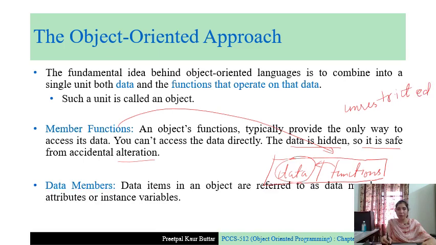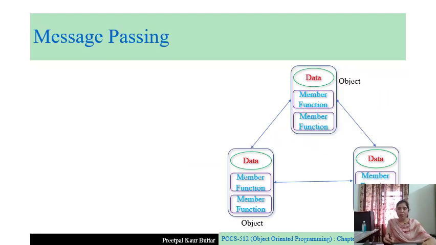The data inside an object is called data members. The data items in an object are also known as attributes or instance variables. Object-oriented programming also provides us message passing.